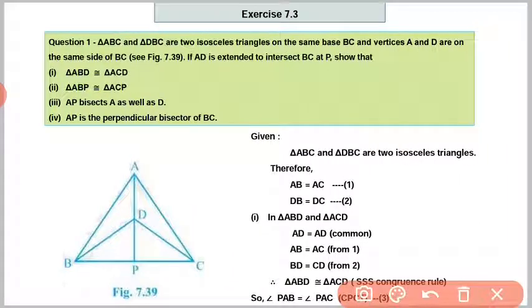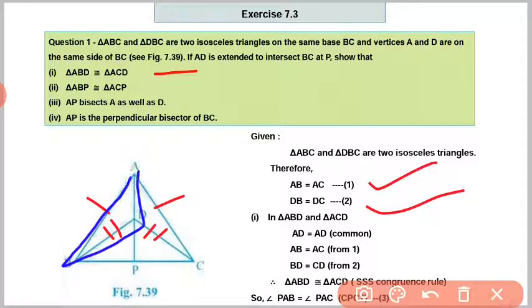So let's start. It is given that triangle ABC and triangle DBC are isosceles triangles. Then AB will be equal to AC; let's take it as 1. DB will be equal to DC; let's take it as 2. Now the first thing we have to show is that triangle ABD is congruent to triangle ACD. Here we have two triangles, triangle ABD and triangle ACD.